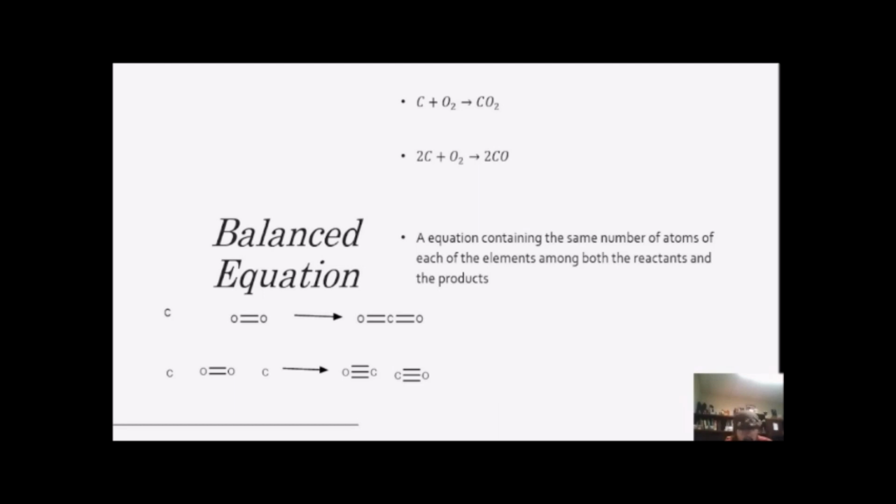Which comes to the last thing we need to talk about, balanced chemical equations. A balanced equation contains the same number of atoms of each element among both reactants and products. One of the things we have to be able to do in chemistry is balance the reaction. In this case, starting with 1 carbon and 2 oxygen, there should be 1 carbon and 2 oxygen on both sides. 2 oxygen, 1 carbon.